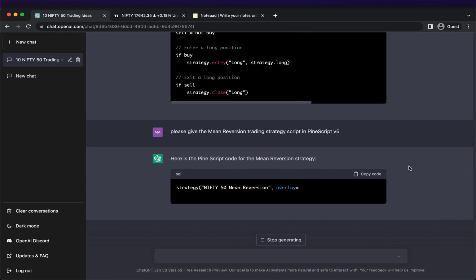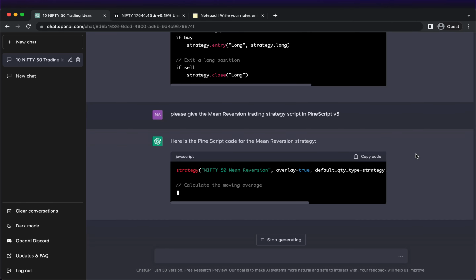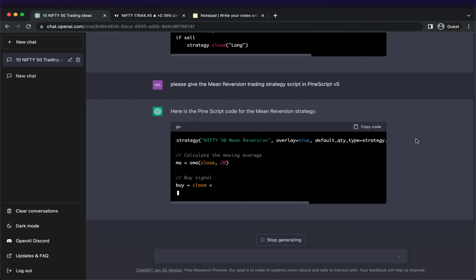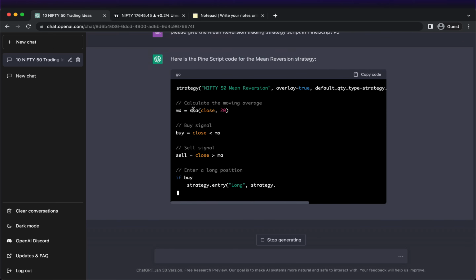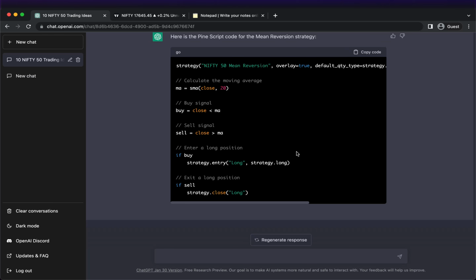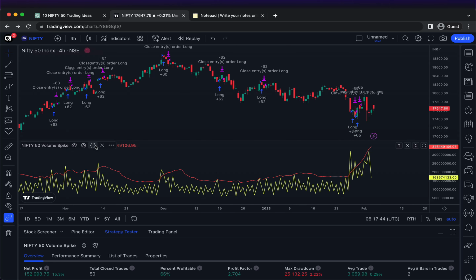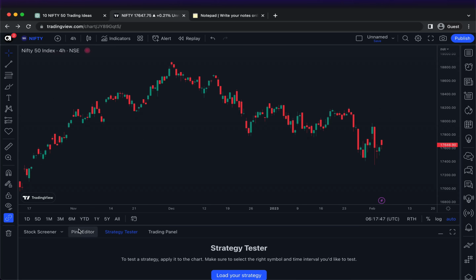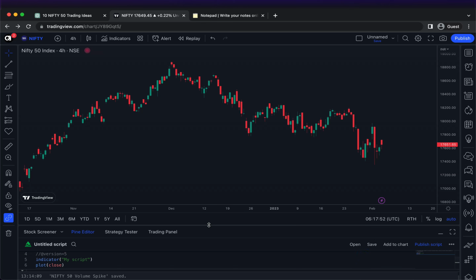Okay, let's get the PineScript. You see, we're using SMA again based on the closing price for the last 20 days, and when the close price is below the MA, we are buying. When the close price goes above the MA, we are selling. I would say it's even a bit of a stupid strategy. I would not use it at all, but let's try it just for an experiment and see what the outcome will be.